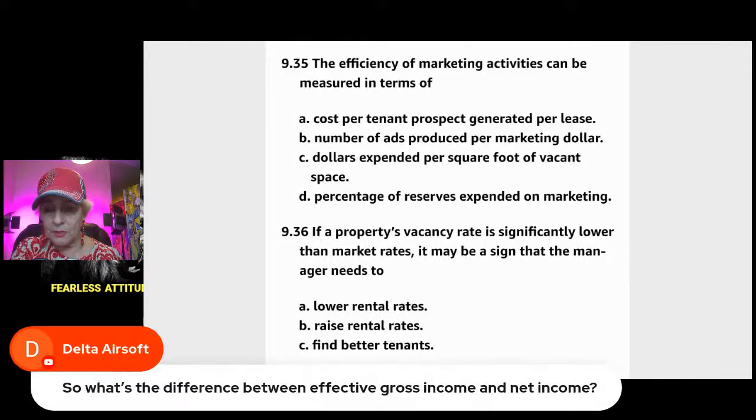Let's see, so what's the difference between effective gross income and net income? Okay, well, I'm going to Google it, to make sure I explain it correctly.